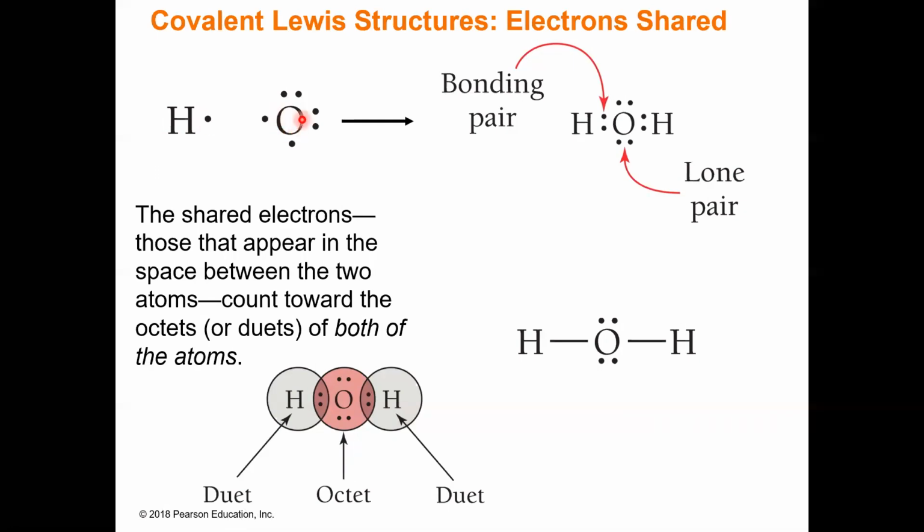Our oxygen atom comes with 6 valence electrons. Again, we said that most of our elements want to obtain an octet at the end. So oxygen needs 2 more electrons, and hydrogen will want to attain a duet. So each hydrogen needs 1 more electron.